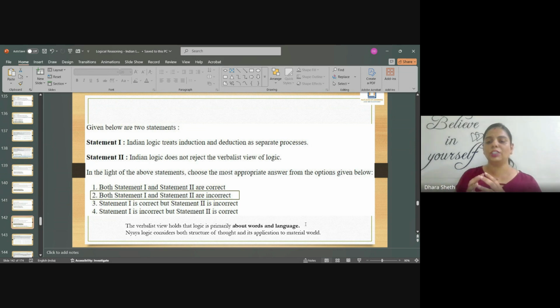We do not talk about the formal structure of the statement, whether it is straw man or red herring. We talk about how it is applied to the material world and where the thought is. So that is why both of these are wrong. Induction and deduction is a common process, and it rejects the verbalist view of logic. Please remember, this has been asked umpteen number of times.